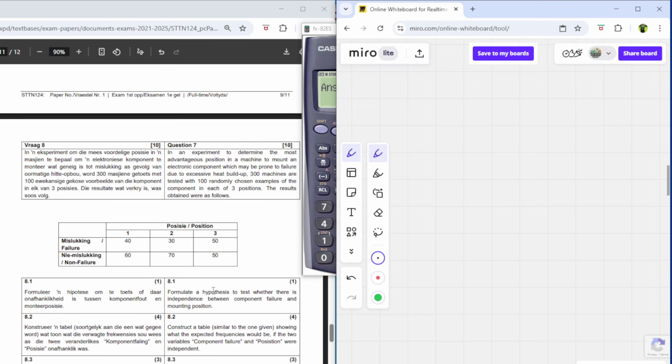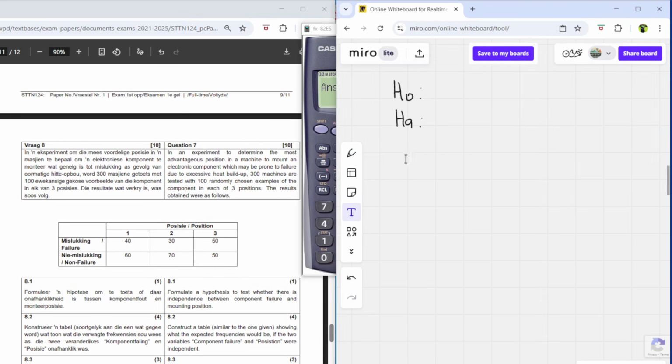Question 8.1 says, formulate the hypothesis to test whether there is independence between component failure and mounting position. Okay. So the null hypothesis and the alternative hypothesis.